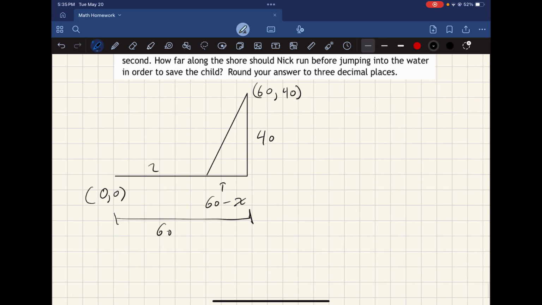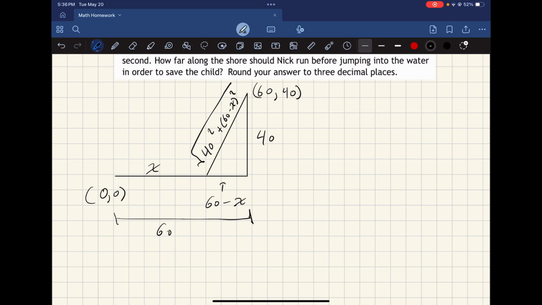And then this length in particular is going to be x, and we'll need to find this distance as well. In order to find the distance, we'll use the Pythagorean theorem. For that triangle in particular, it is the square root of 40 squared plus (60 minus x) squared.